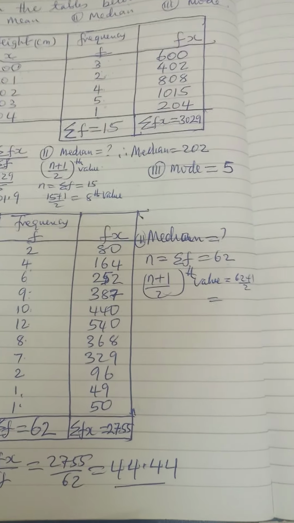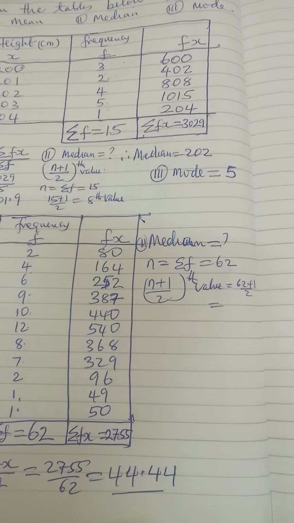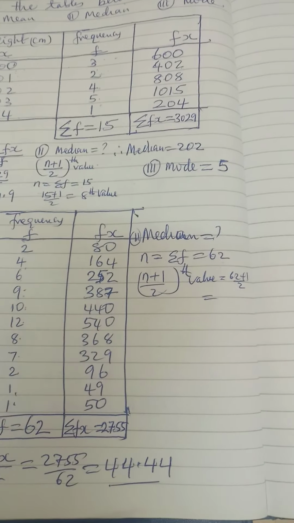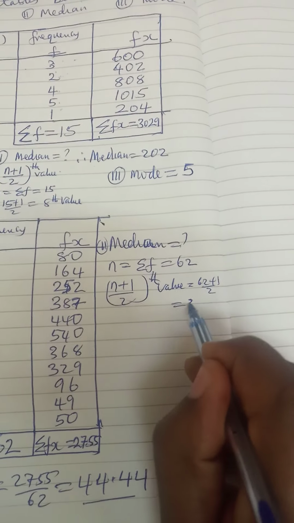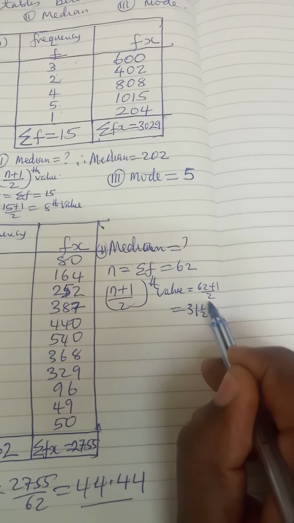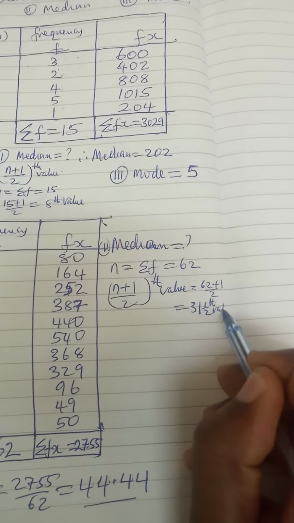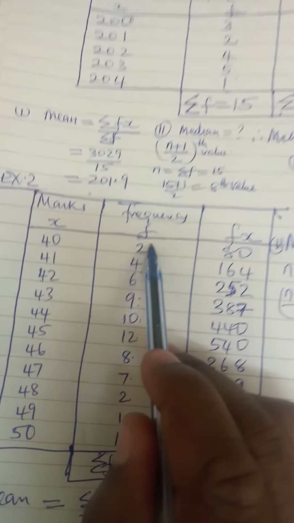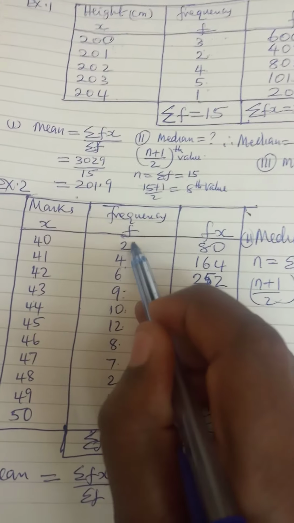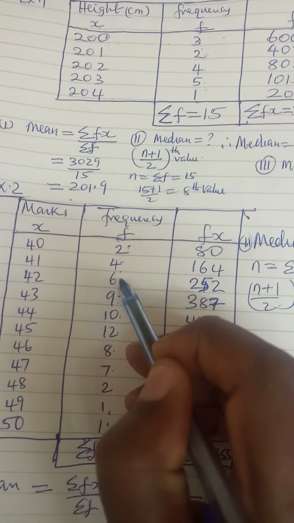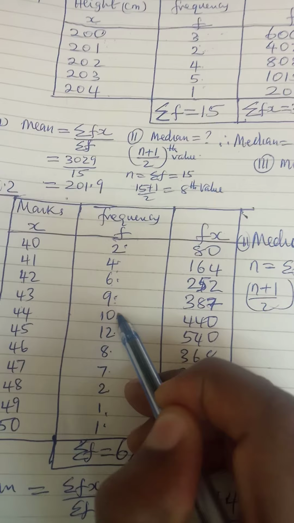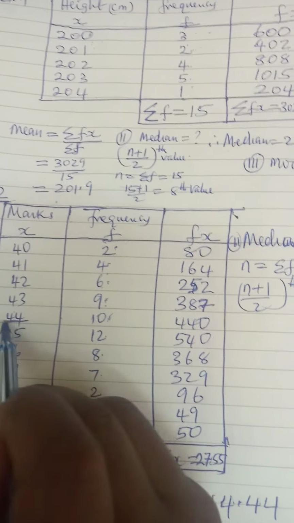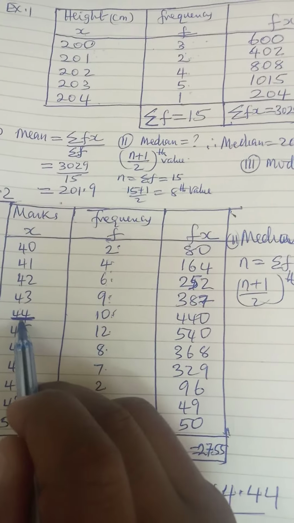and this gives us 62 plus 1 is 63. 63 divided by 2 is 31 and a half. The 31 and a half value. That means when we add the frequency, we will get 6, 12, 21, 31. The 31st value is 44, but we want 31 and a half.